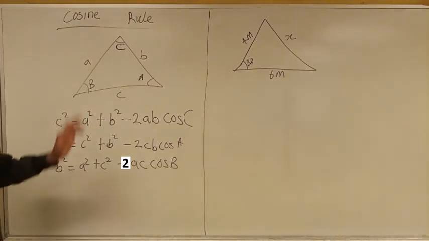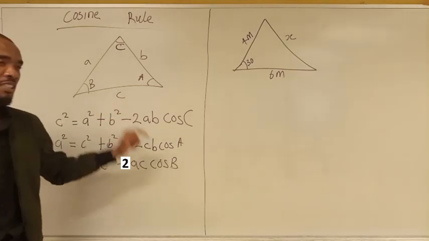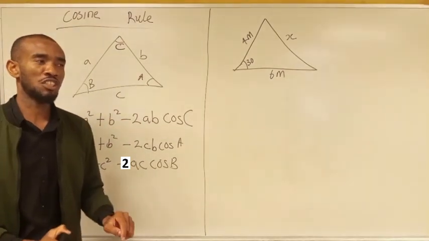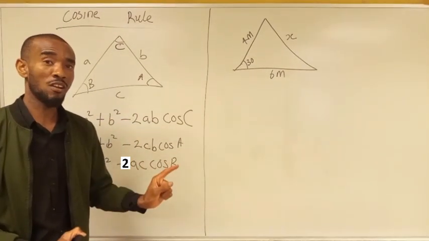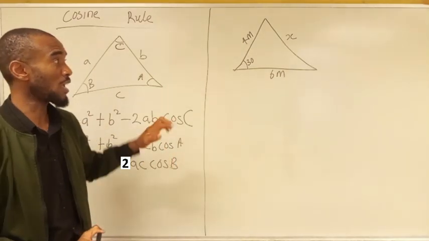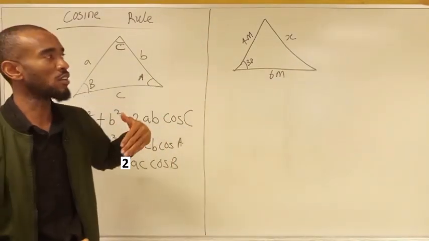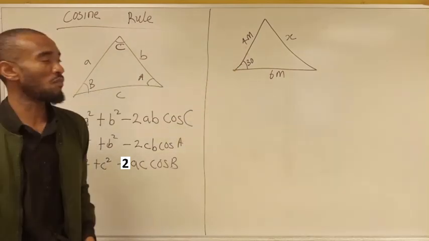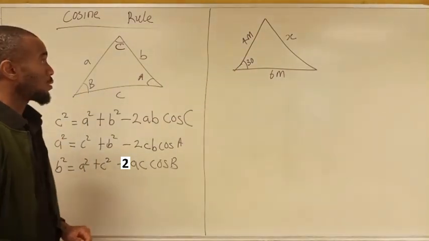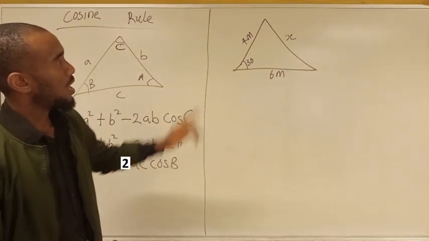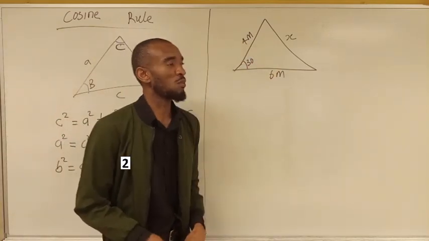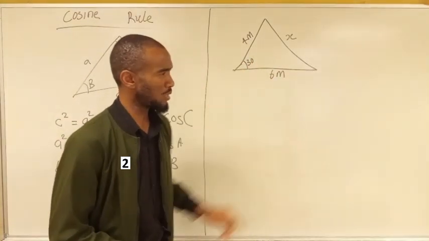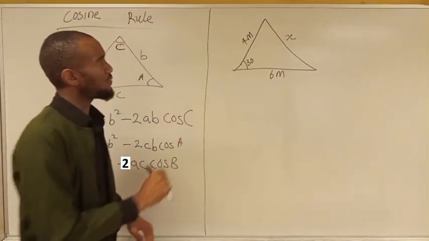And we're going to make use of this principle that shows the relationship an angle has with the respective side of the triangle, and find the value of s. So without wasting so much of our time, and this diagram requires that we find s, we're going to just go straight ahead and input the values.